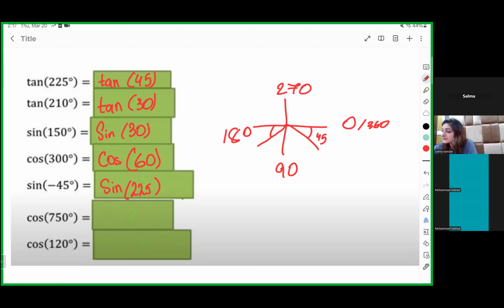So this was cos 750, which the minor acute angle that it makes is 30 degrees. So where will cos be positive over here? I hope you're with me. What was the angle going to be? 750 is equal to cos 30.